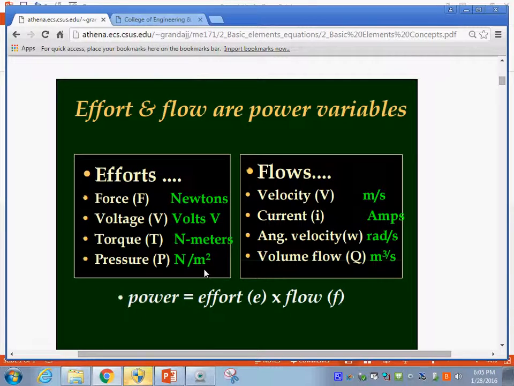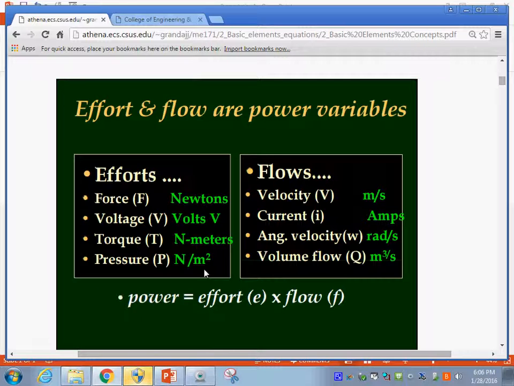On the right hand side, the velocity, the current, the angular velocity, and the volume flow rate are the same type of variables. Each one of those is acting in a different energy domain.